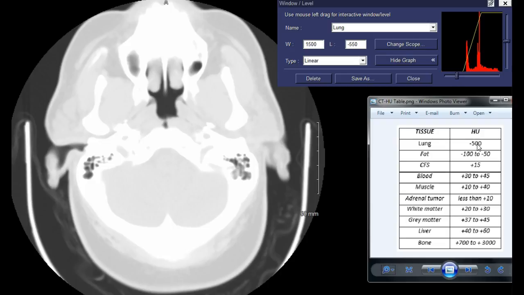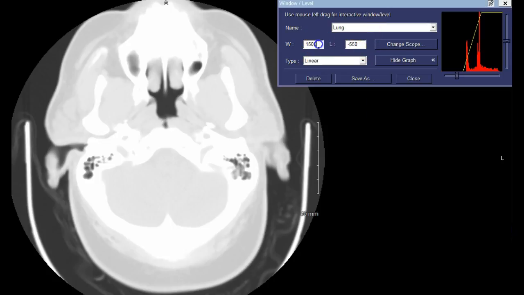So when you think about the brightness setting, we're trying to put the appropriate amount of brightness for a given structure. And window width just pertains to the amount of grays. So had we pulled up a chest-based study, and I will show you another video with a chest-based study, you'll be able to visualize those structures very much better.